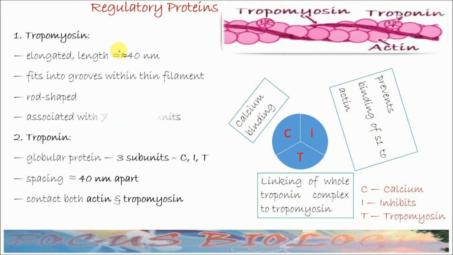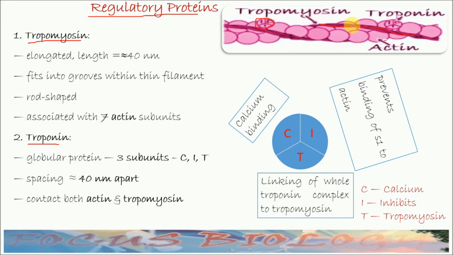Next, now regulatory proteins. There are two. One is called tropomyosin, another is called troponin. Here you can see a rod-like structure. It actually is a thin filament. This one is called tropomyosin, and this one is called troponin.